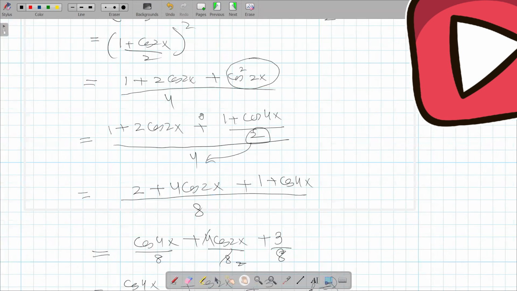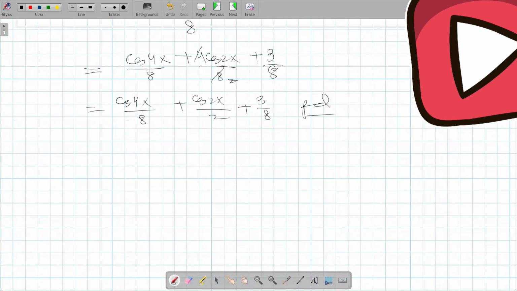Now that makes sense. It is easy to integrate in the b part. We want to integrate cos 4x. We cannot integrate it directly because the derivative of the inner function is not present here. Therefore, we have to reduce the degree, and we already reduced the degree. We will put the expression which we have got for cos 4x.